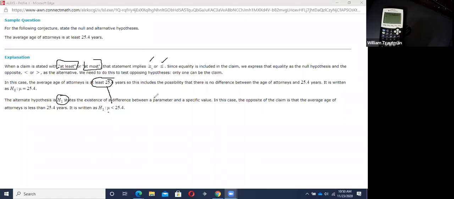If you say at most, then the average will be greater than 25.4. So at least, your H1 is going to be less than. At most, your H1 is going to be greater than. So that's a good one.